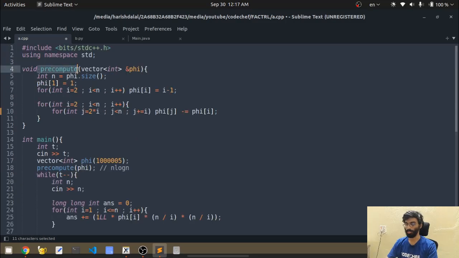So this is the function I am using to compute my phi values from 1 to n, and the complexity for which is n log n.